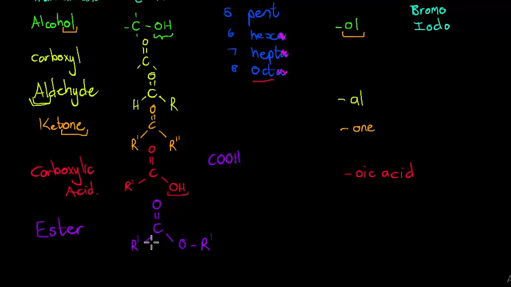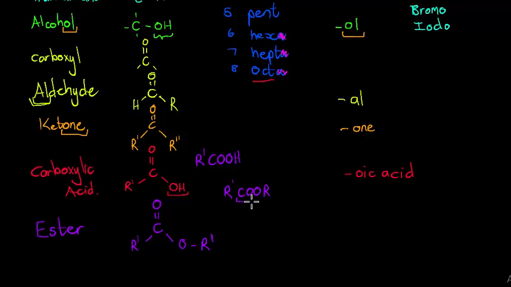This one has 2 chains of carbons, broken up by the 2 O's. It has a substituent, a carbon double bonded to an oxygen, single bonded to another oxygen, and then another substituent.